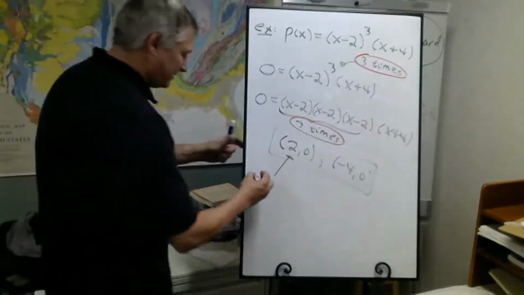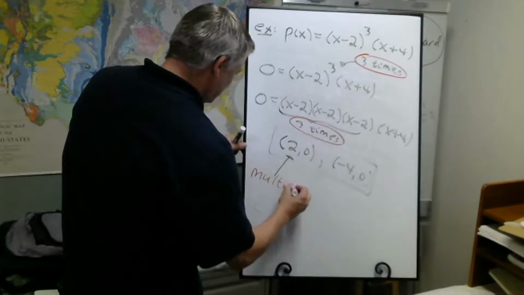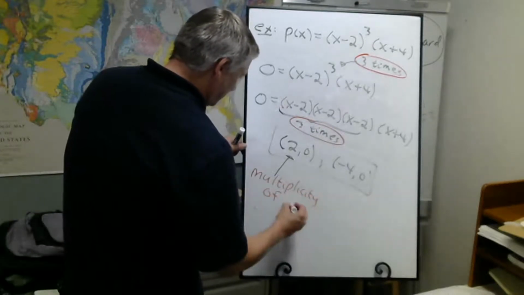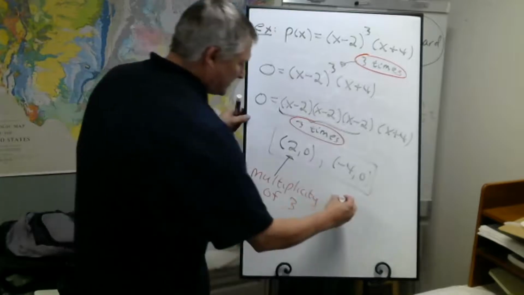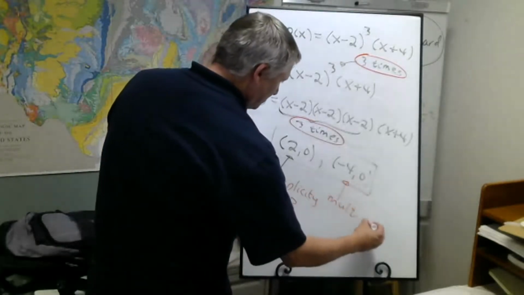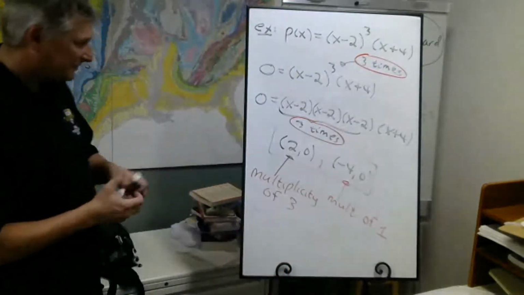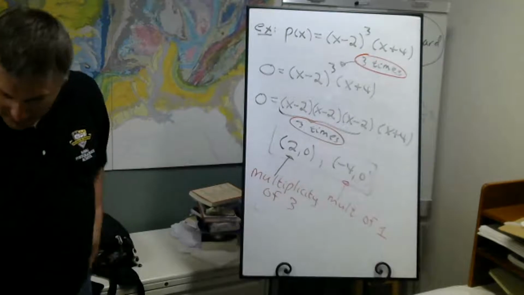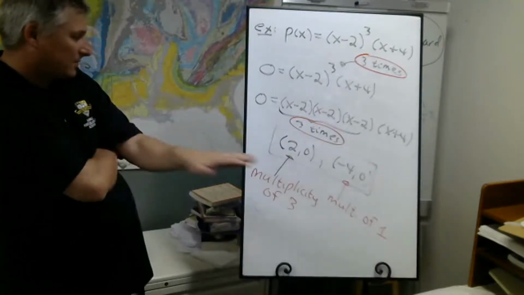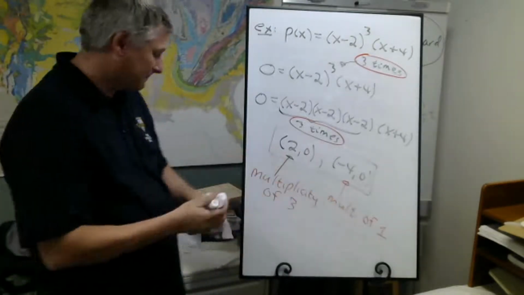So we say that this has a multiplicity of 3. And this here has a multiplicity of 1. I'll abbreviate multiplicity here. So that's what we've got. Multiplicity of 3, multiplicity of 1.